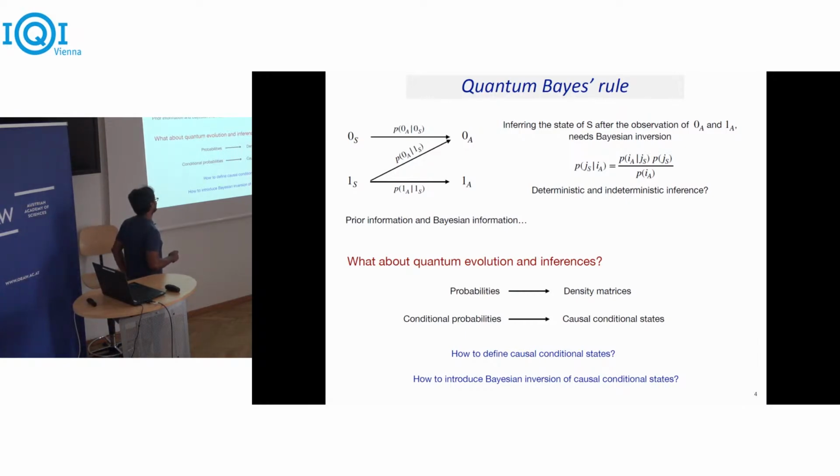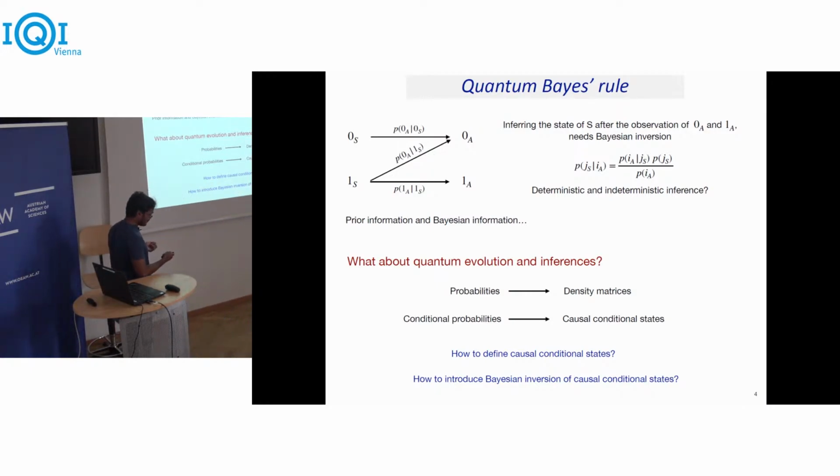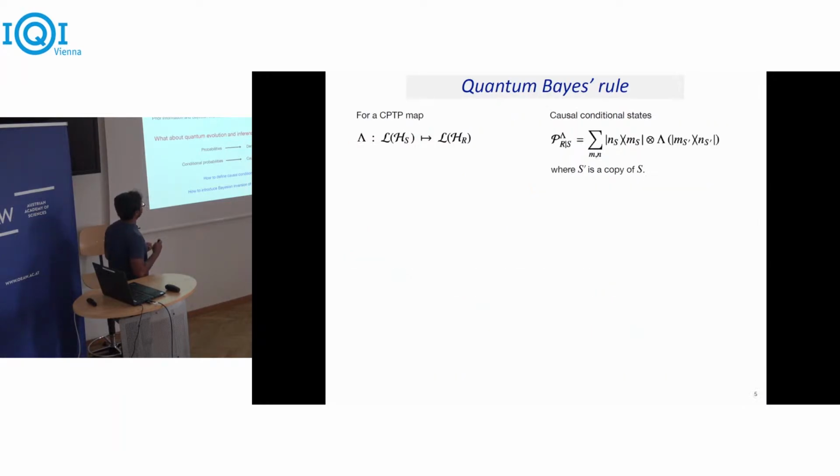Well, we know that probabilities are extended to density matrices, because at this moment we are not just dealing with probabilities but also superpositions in different bases, which is allowed in quantum mechanics. And it is also expected that these conditional probabilities need to be upgraded to something called causal conditional states. And now we will explore how one could extend it or actually find out these causal conditional states.